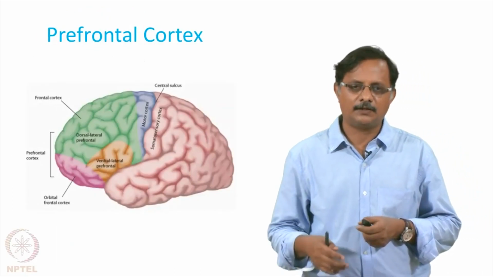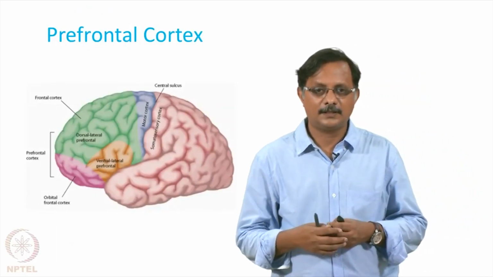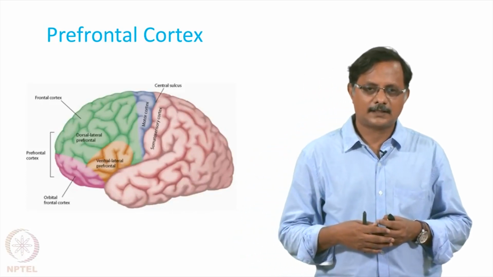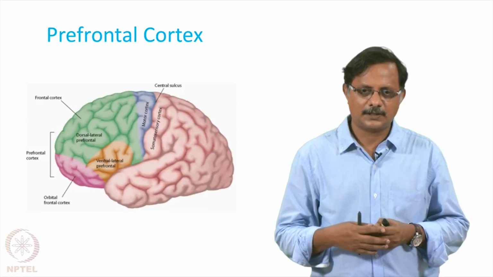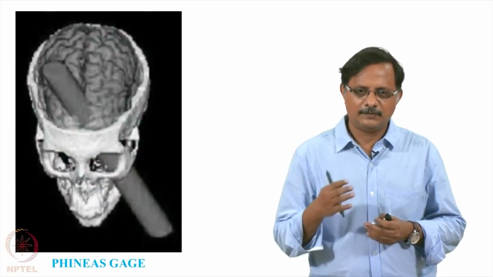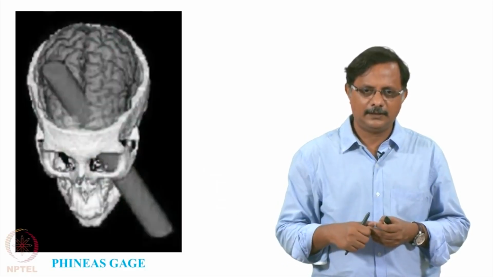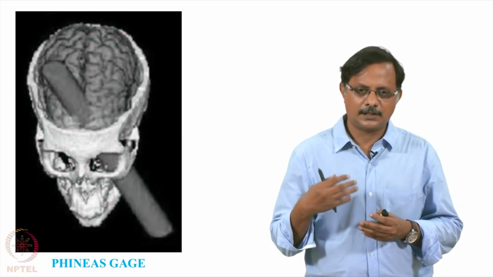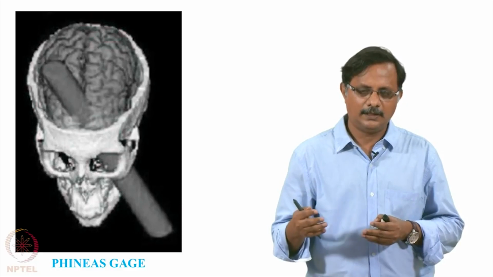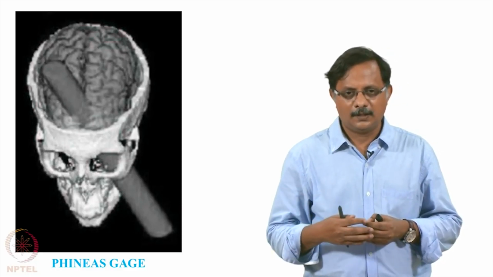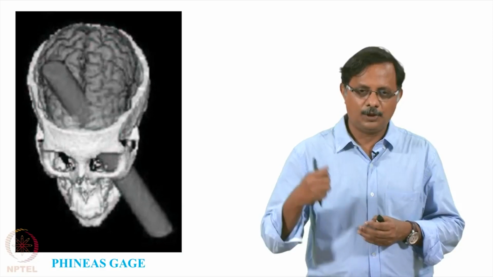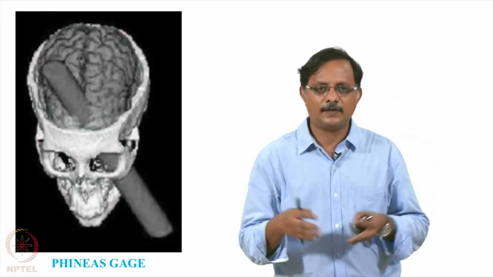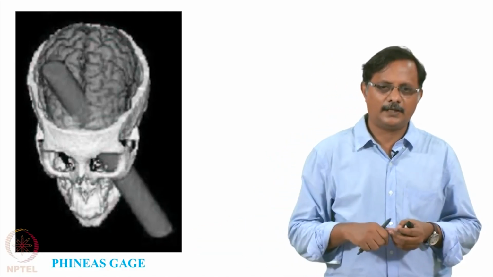But a lot of our understanding of the prefrontal cortex, maybe the very first example, has come from an accident to a person called Phineas Gage. I think we talked about this story in an earlier lecture. Gage was a railroad construction worker who worked in America in the late 19th century. His job was to pack ammunition and then explode bombs and soften the soil so that you can lay down the railroads.